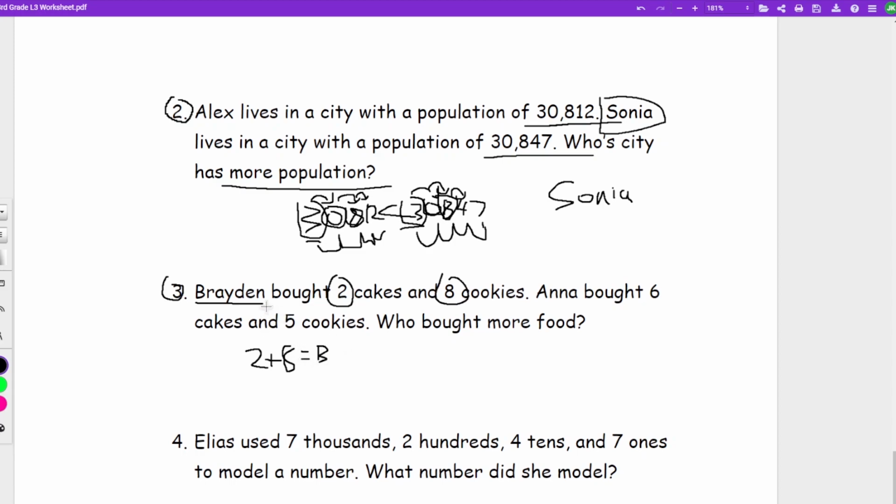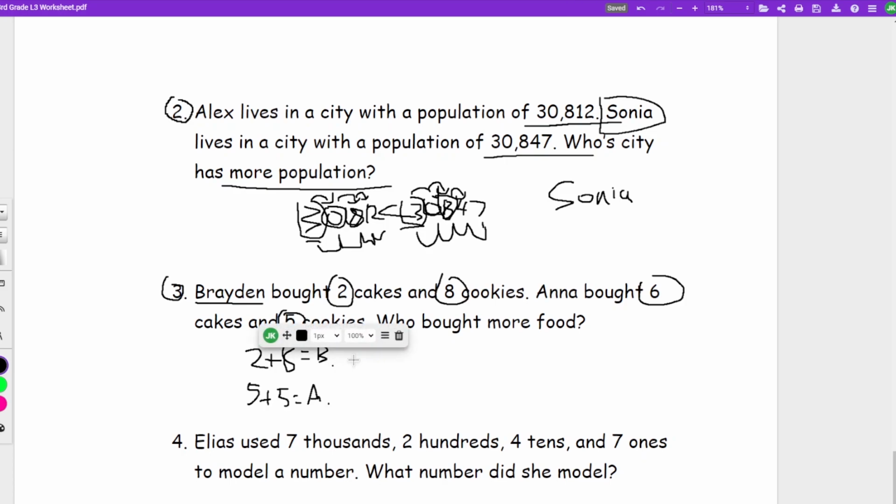I'm not going to write out his whole name, but B is for Brayden. And Anna bought 6 cakes and 5 cookies. So I'm going to write 6 plus 5. And I'm going to write A for Anna.